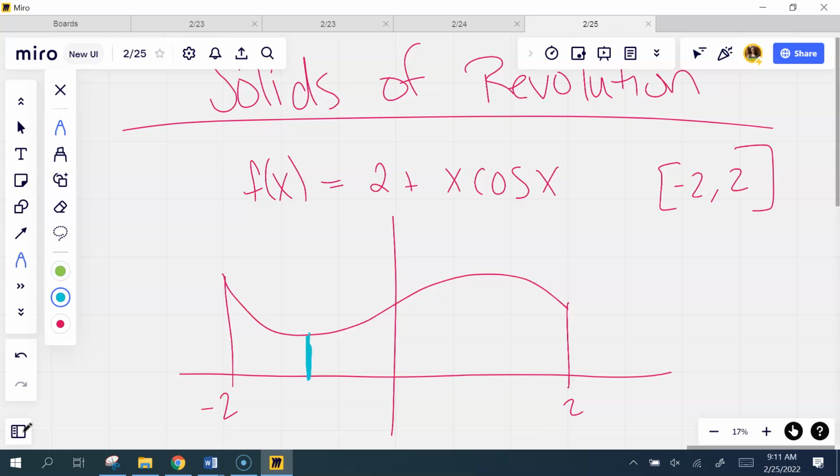But imagine, if you would, this one-dimensional piece of paper. This is the x-axis. It rotates around and creates a three-dimensional shape. Okay, so it looks like a three-dimensional vase once it's rotated around. Okay, are you following what I'm saying?